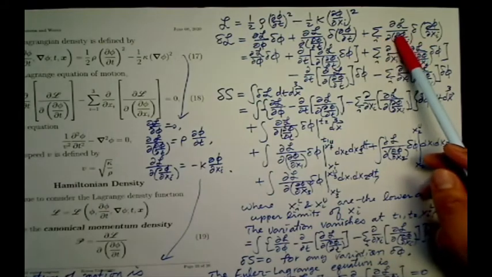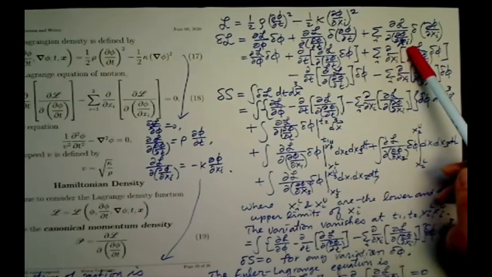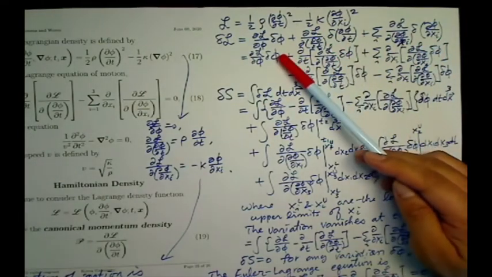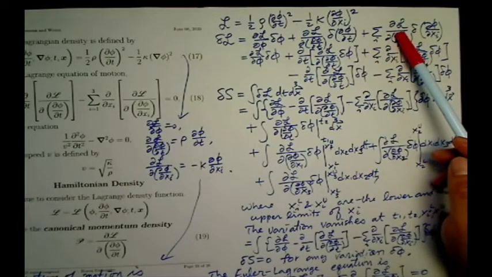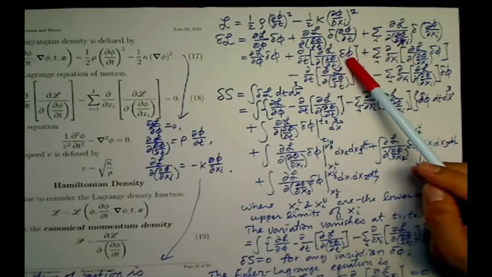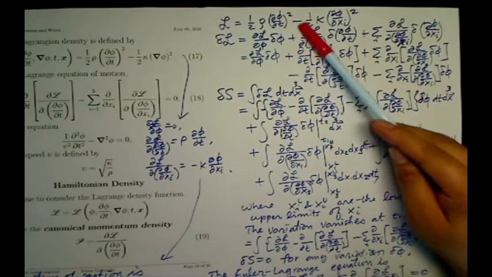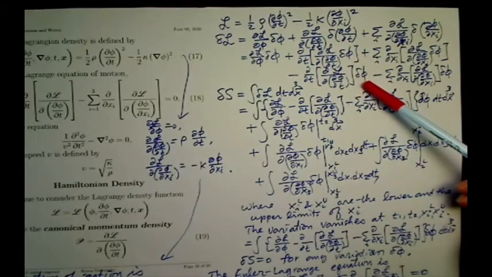we have the derivative of the Lagrangian density function with respect to the first component of the derivative of the field, and second and third are considered, multiplied by the variation of the gradient. The first one is copied in here, and these 2 pieces are reorganized to have the total derivative with respect to time, subtracted by the time derivative of the canonical momentum part multiplied by the variation of the field.